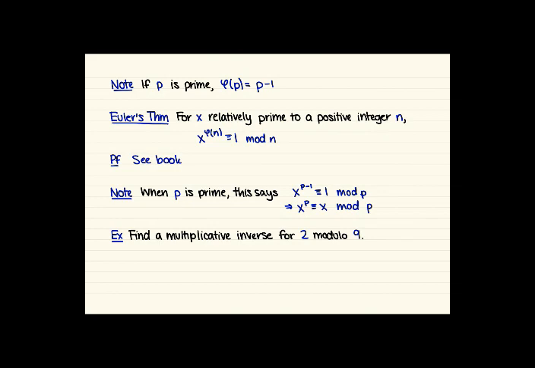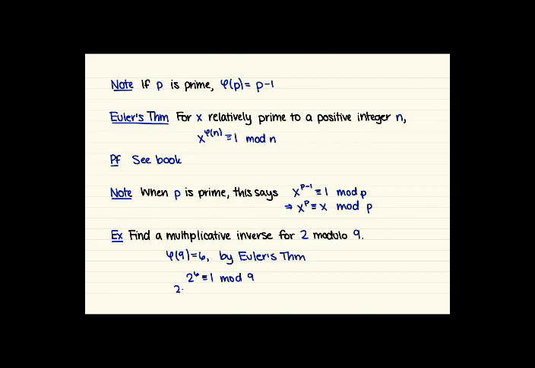So similar to Fermat's little theorem, we can use Euler's theorem to find multiplicative inverses, but keep in mind that we need to be working with the Euler phi function rather than just doing the modulus minus 1. So for finding the multiplicative inverse for 2 modulo 9, we would use that phi of 9 is 6, which we worked out on the previous slide. So by Euler's theorem, we know that 2 to the 6th is congruent to 1 mod 9.